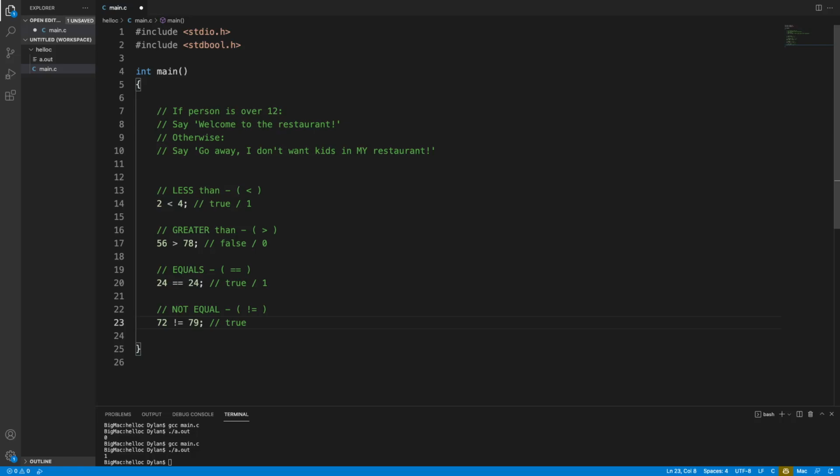I'm getting confused now. So not equals is basically like that awful joke where you say, I am not tired, which means you are tired. So, for example, if we had 72 is not equal 72, obviously this is now false. If they are equal, then it's false.